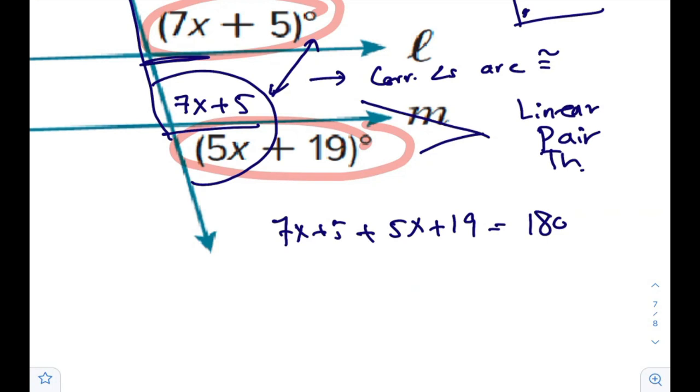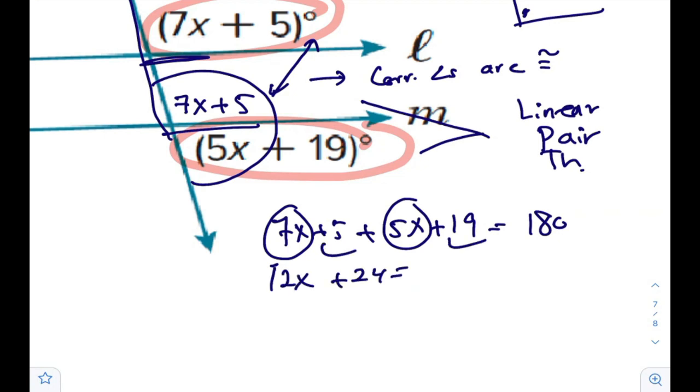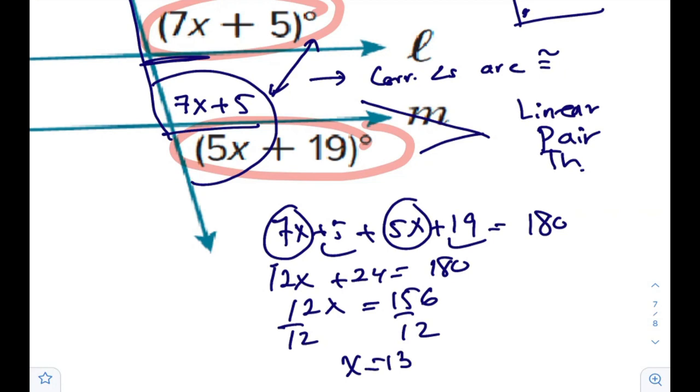Any two angles lying on a line adjacent to each other, forming a line, have a sum of 180, meaning they are supplementary. So 7x plus 5x, 12x. 5 plus 19 is 24. 12x is 180 minus 24, which is 156, dividing by 12, and this will give us 13.